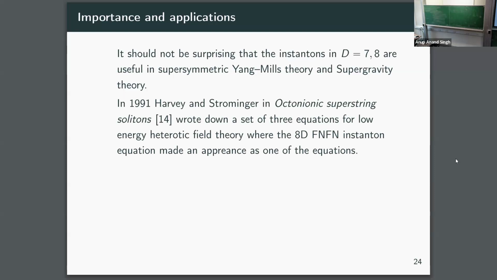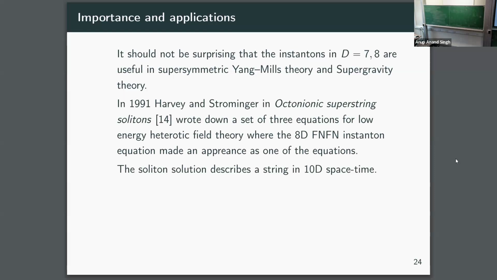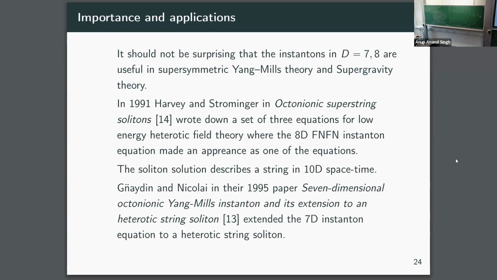And so they extended the instanton to a heterotic soliton. And that soliton solution actually described a string in 10-dimensional spacetime. And so when Günaydin and Nicolai wrote their paper where they calculated the instanton, they did that study themselves. They themselves extended the instanton to a heterotic string soliton in their paper.